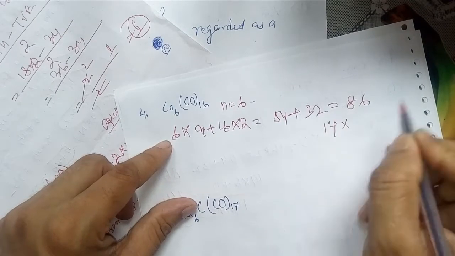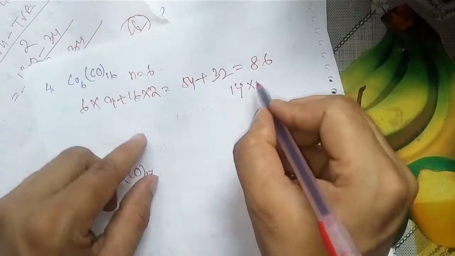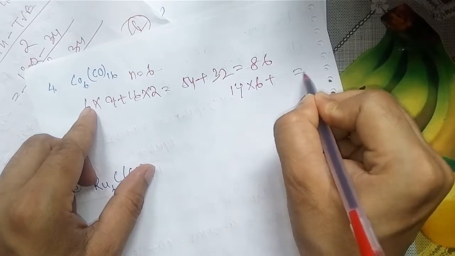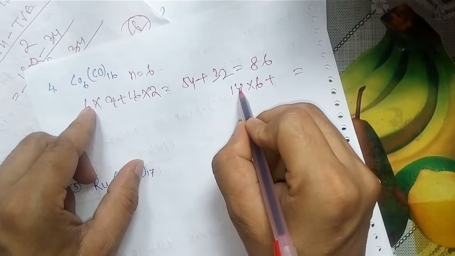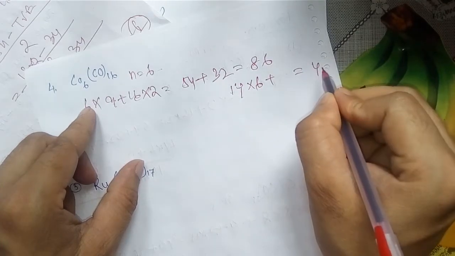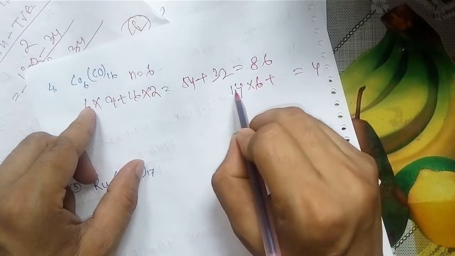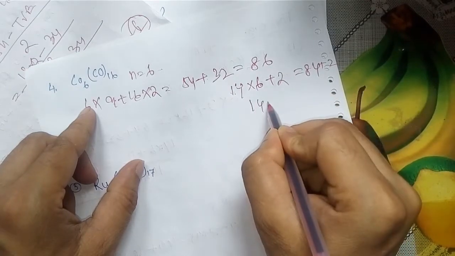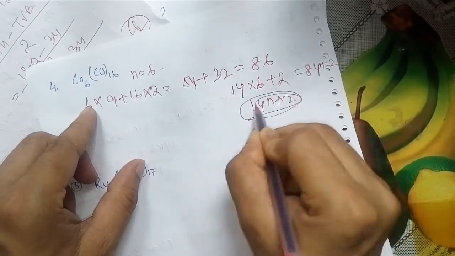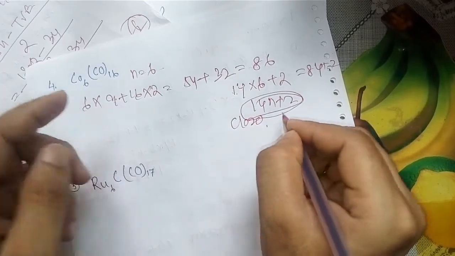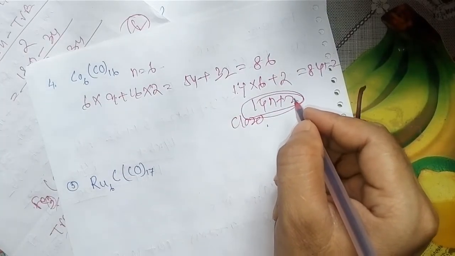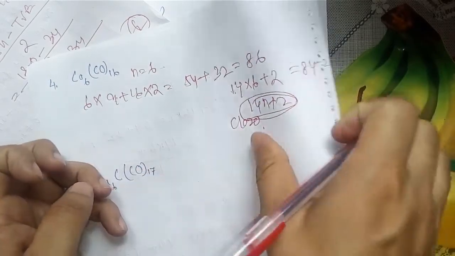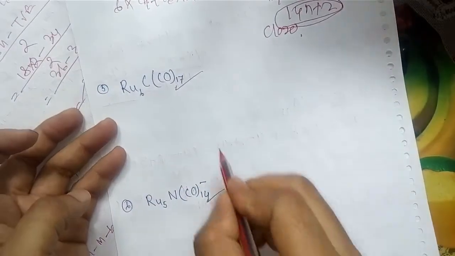So 14 into 6 is 84, plus 2. That means 14n plus 2, so this is a closo structure, or closo metal cluster. The same process, you have to do by yourself.